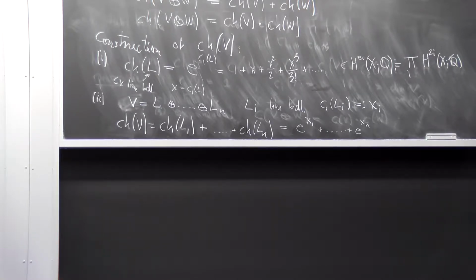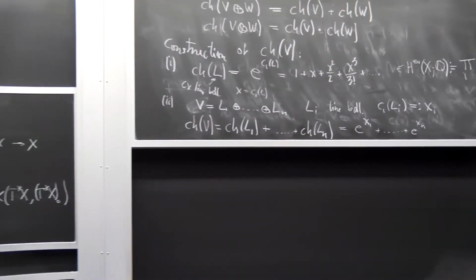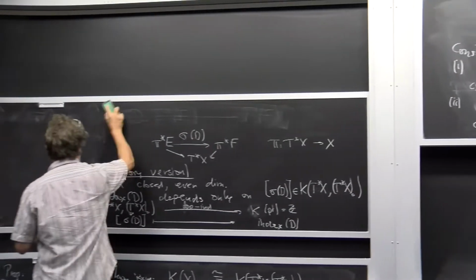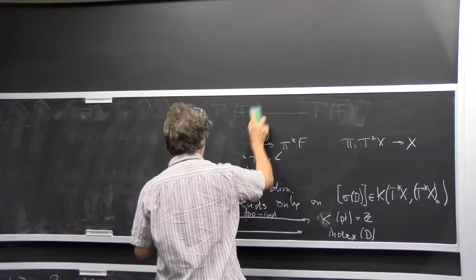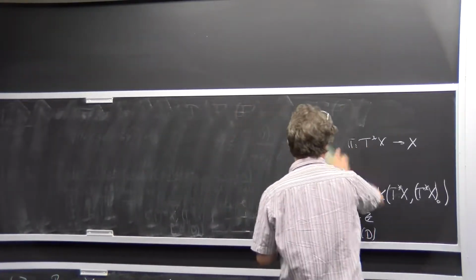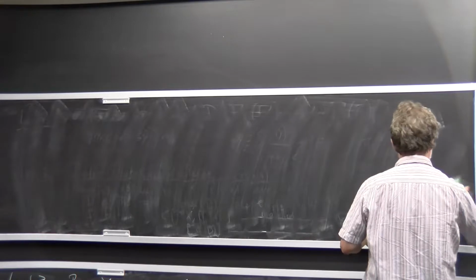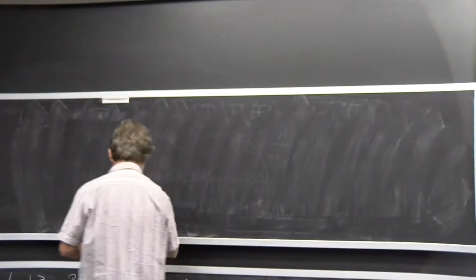The question is, well, what do you do in general? And there's sort of two ways to argue. One is to argue with the so-called splitting principle, but I'm going to argue using elementary symmetric functions. So there's two ways to go here.